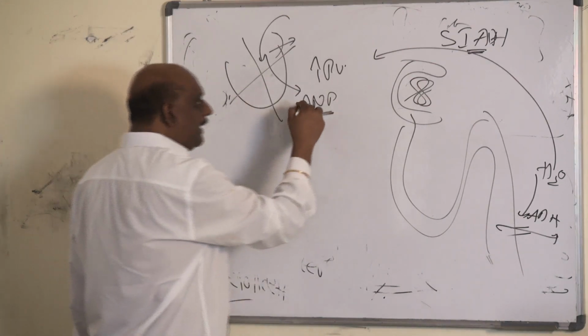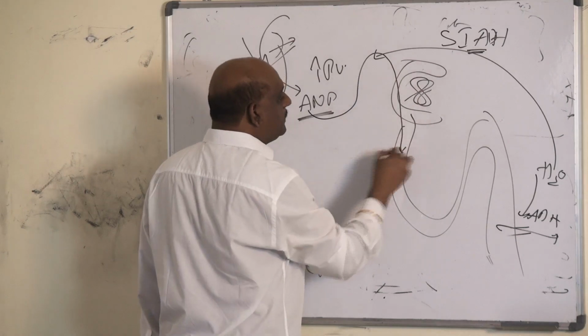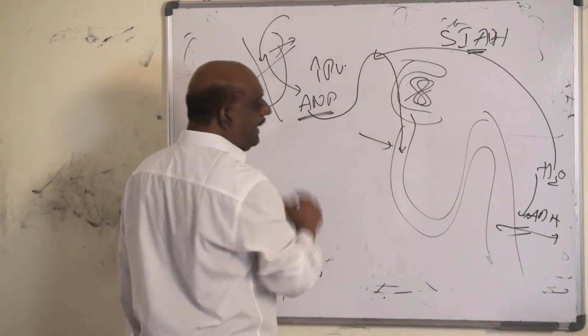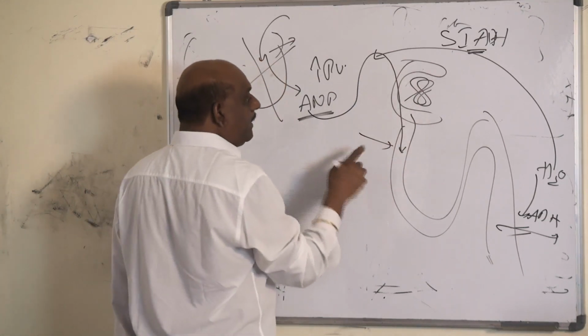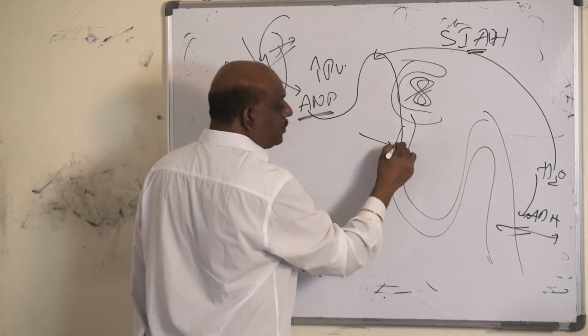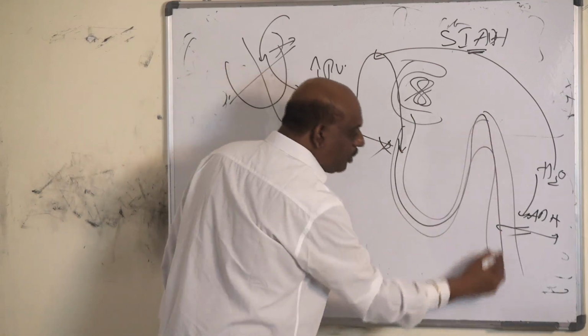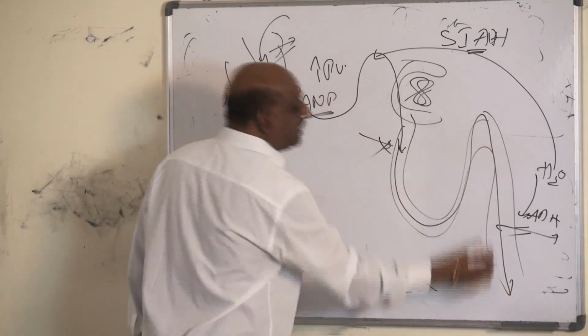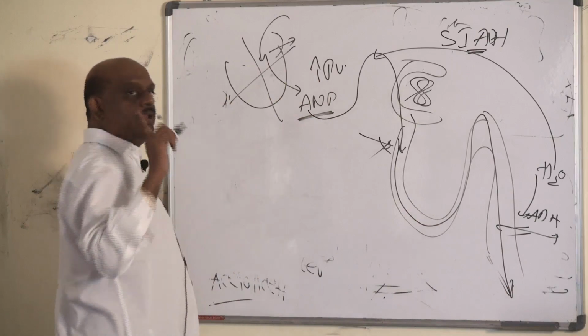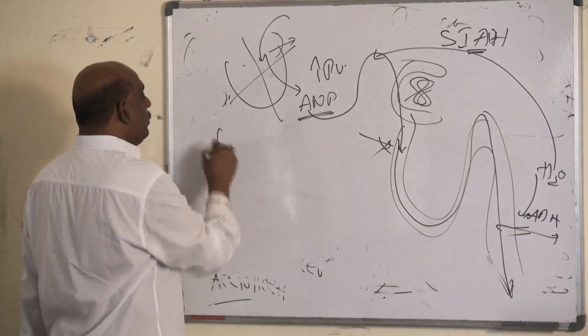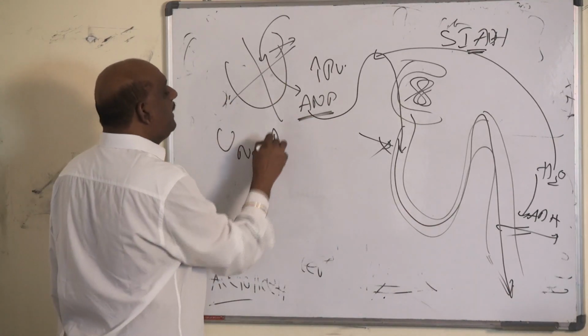That atrial natriuretic peptide acts on the kidney, and typically it will stop sodium reabsorption and make the sodium lost into urine. Natriuresis it will lead to. That is the reason. What is one of the important criteria? Urinary sodium elevated.